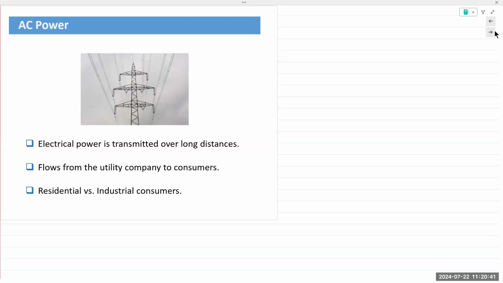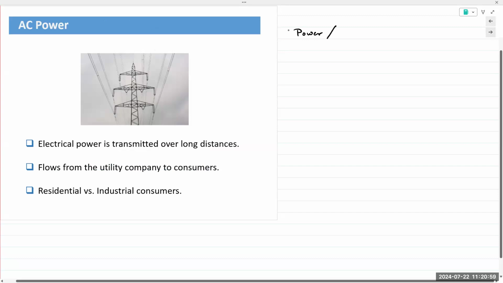Inductors and capacitors are energy storage devices, so energy is constantly flowing in and out. That means power is constantly being transferred to and from the inductor and the capacitor.